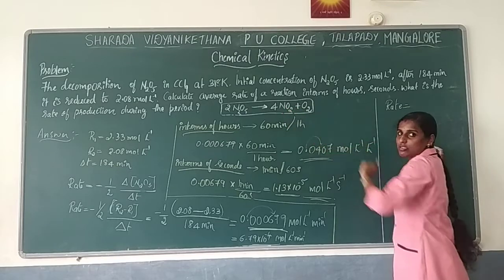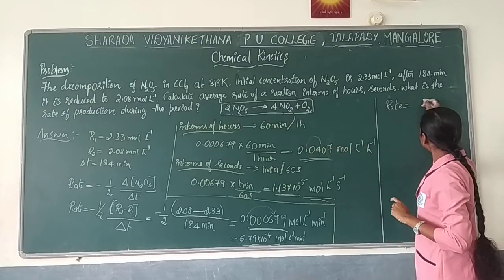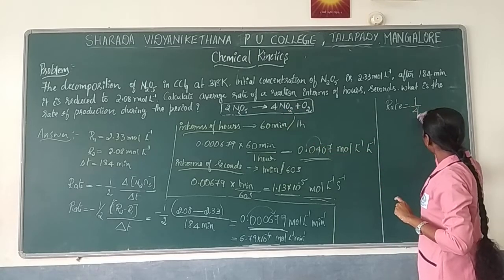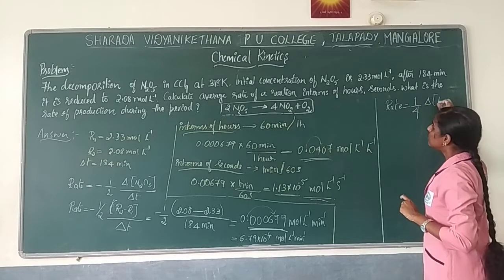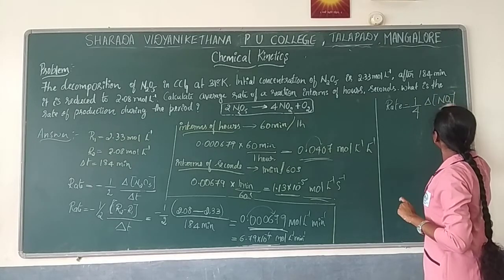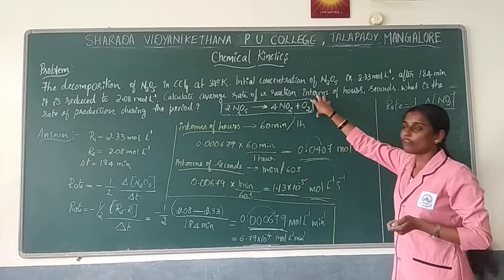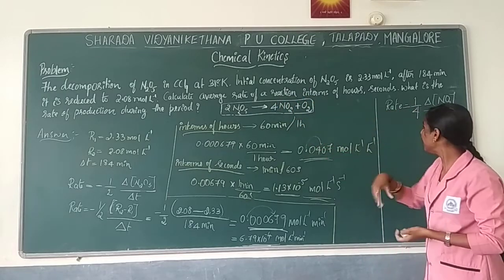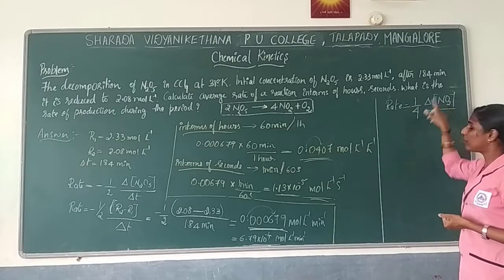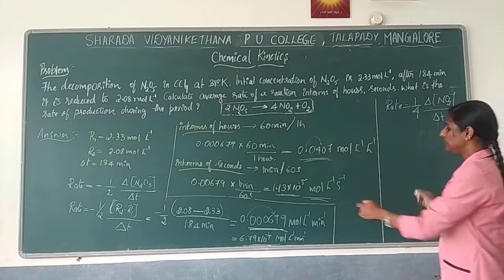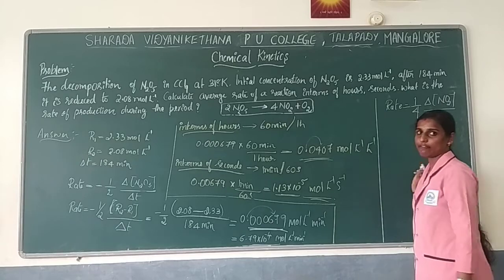For a product it comes with the positive sign, so it comes as 1 by 4 delta concentration of NO2 divided by delta T. You can find it for this or for this, it is one and the same. Just take one of the products and find it based on your average rate of the reaction.